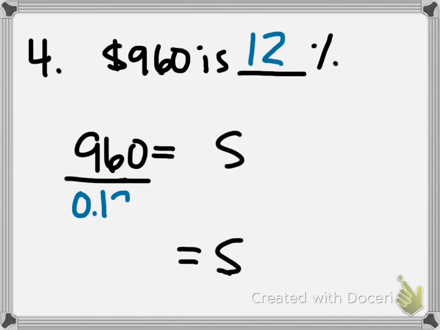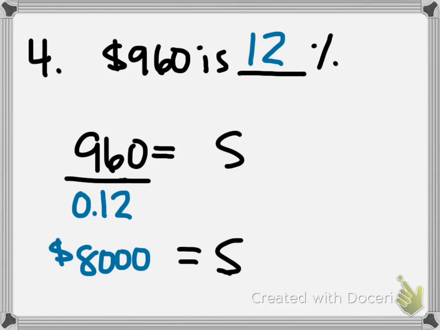So if I take 960 and divide both sides by 12% as a decimal, 0.12, the sales associate's sales were $8,000 in May. Okay, I'd like you to pause the video and do number 4.